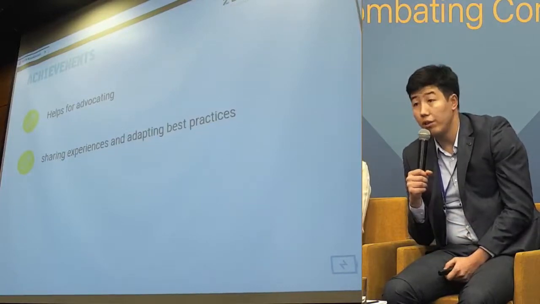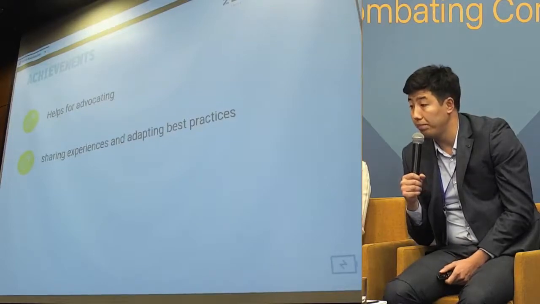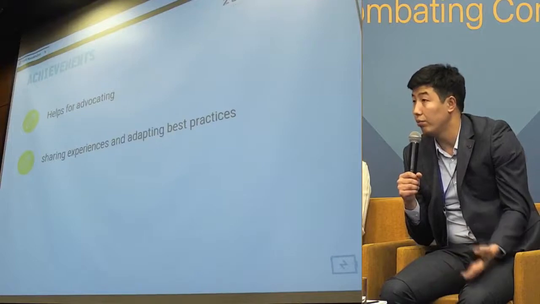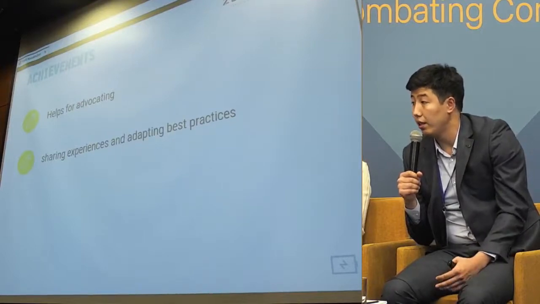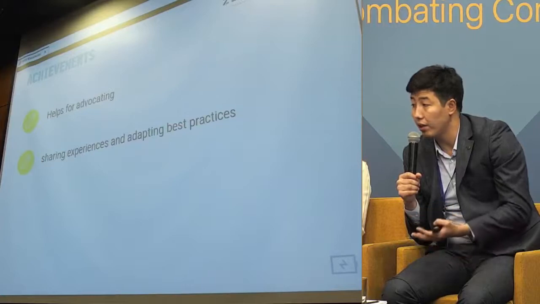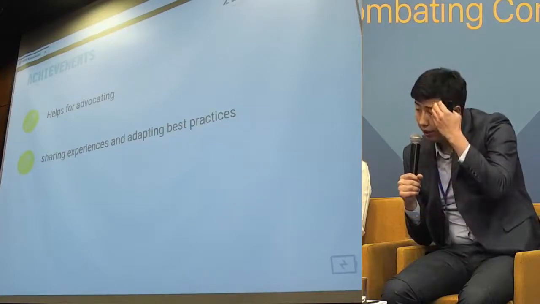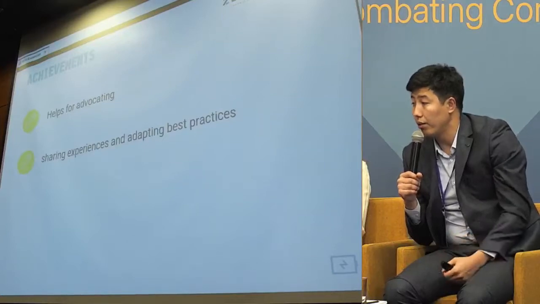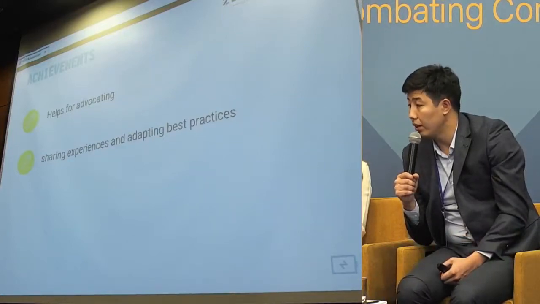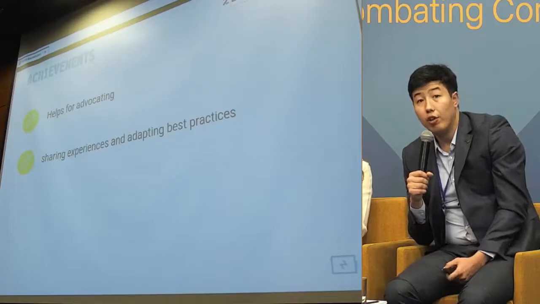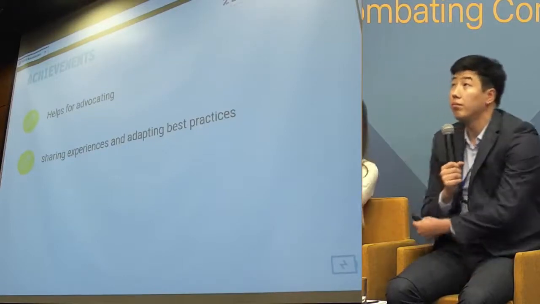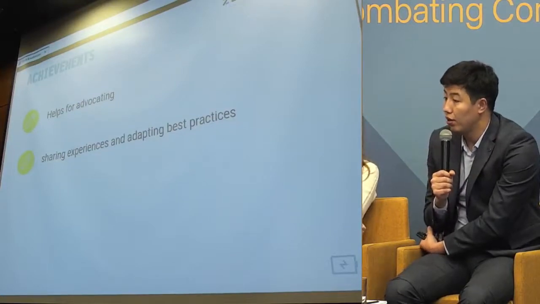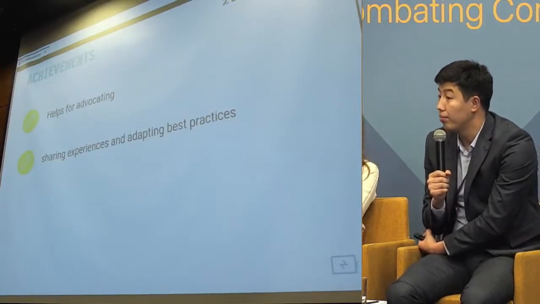И TPPR очень сильно помогает адвокатировать, потому что полученные результаты наглядно демонстрируют существующие проблемы, и сравнивая другие страны, можно при встрече с Министерством финансов указывать, что есть такой способ, который позволяет устранить эту проблему. И кроме этого, мы также пытаемся создать такое комьюнити людей, которые занимаются вопросами госзакупок.